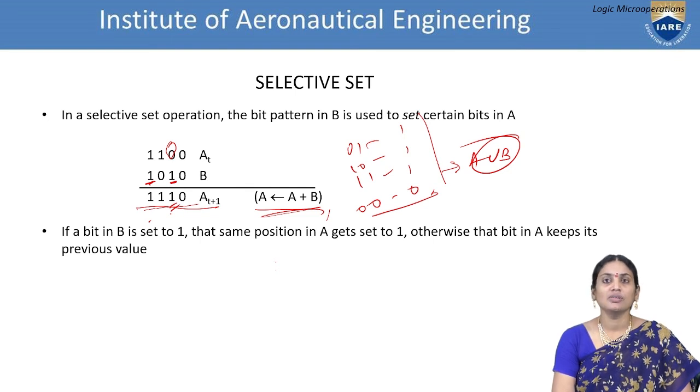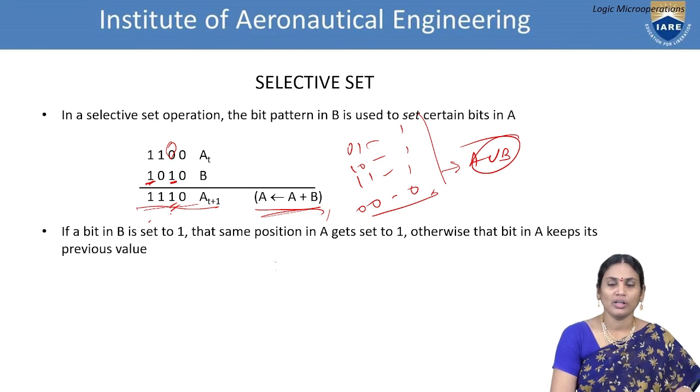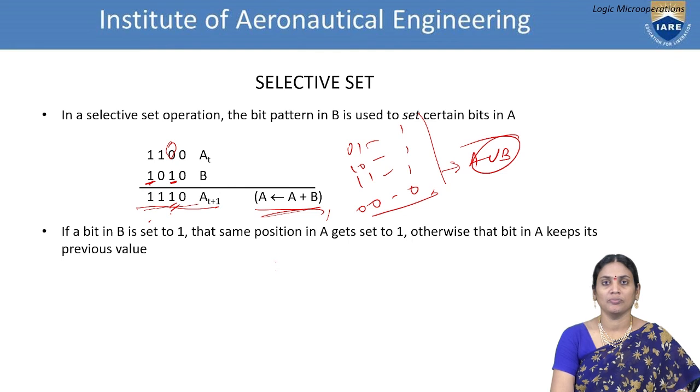Next one is selective set. In the selective set operation, we are focusing only on a portion of register A when compared with B. We are not focusing on B; we are focusing only on A, and that A should be affected based on the bit positions in B. If B has any bit positions with the value 1, the corresponding position will be set to 1 in register A also.